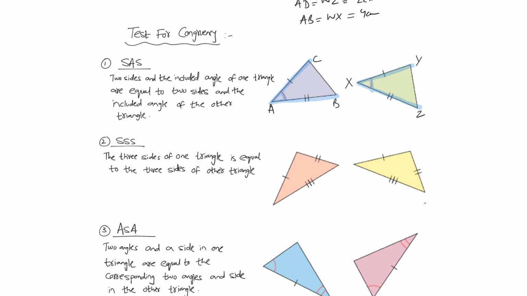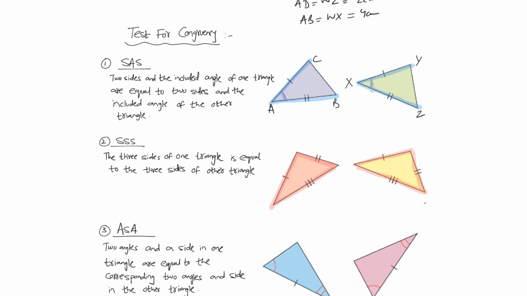Similarly, if you have all corresponding sides equal, this side is equal to that side and this side of the triangle is equal to this side, so we have all the corresponding sides equal, then we will say that the two triangles are congruent because the three sides of one triangle are equal to the three sides of the other triangle.